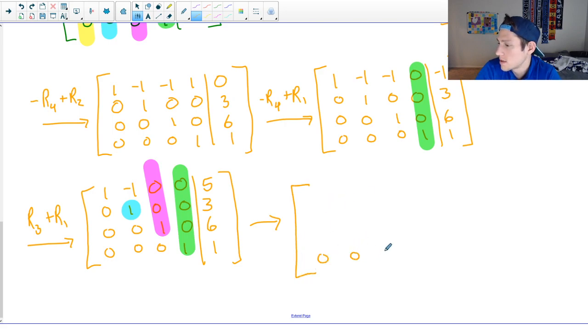Row 4 stays the same. Row 3 stays the same. Row 2 stays the same. Oh, oops, I forgot to write what we were doing. So what do I add to negative 1 to make 0? Just positive 1. So I'm just doing row 2 plus row 1.